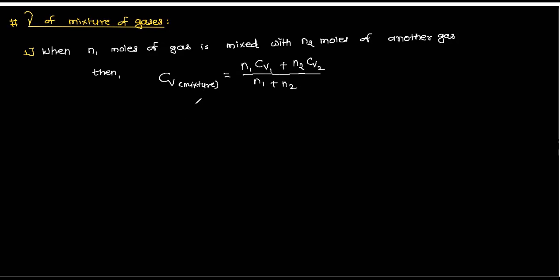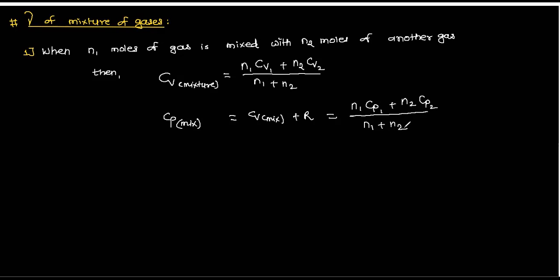Next one, Cp of the mixture is equal to Cv of the mixture plus R, because you know Cp minus Cv is equal to R. Therefore, you can use this formula or this one: n1 Cp1 plus n2 Cp2 divided by n1 plus n2.